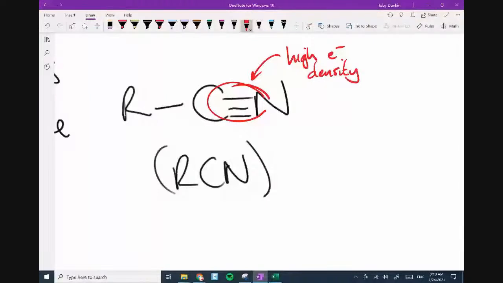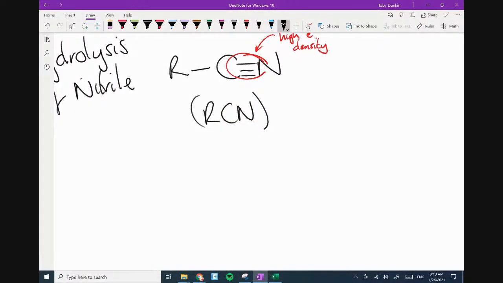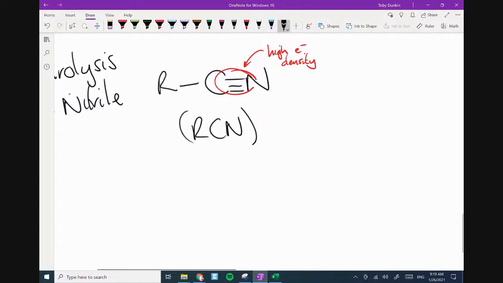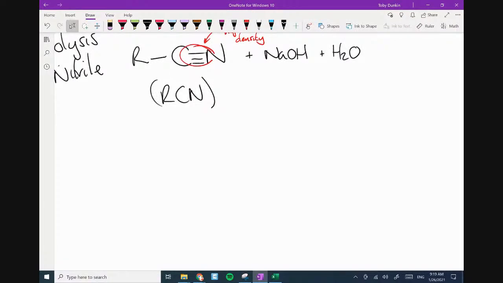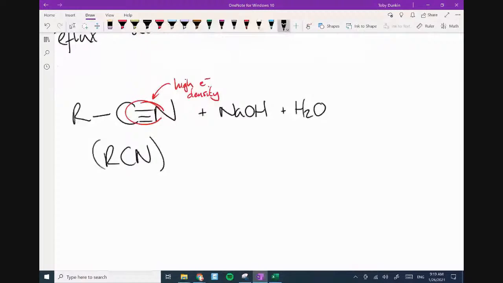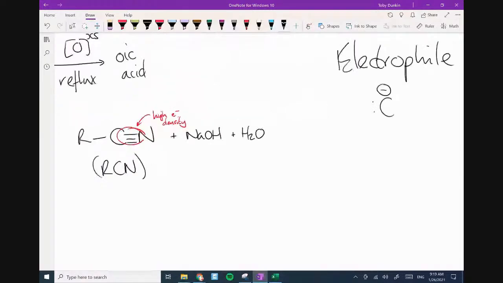We're going to attack this with sodium hydroxide, a strong nucleophile. So we're going to react this with sodium hydroxide, NaOH, and water. It's the OH minus that's doing it. And what you will end up with, now here's the important bit, because remember, what we're trying to make here is a carboxylic acid.